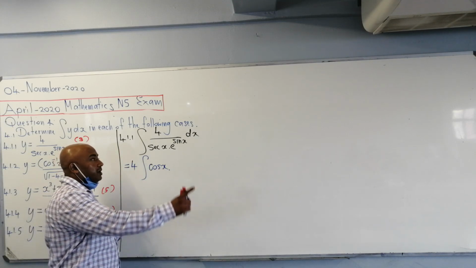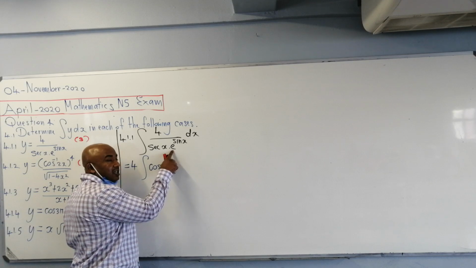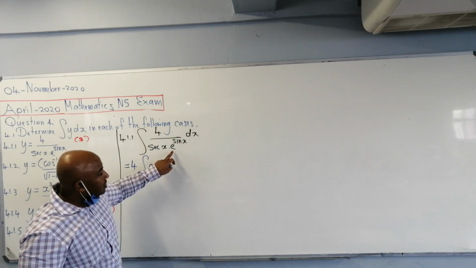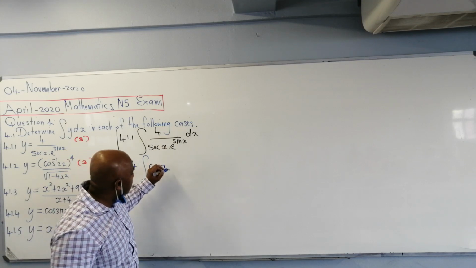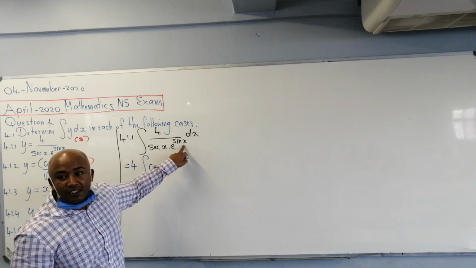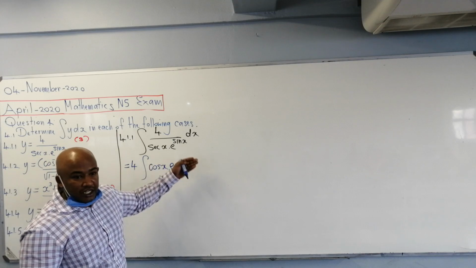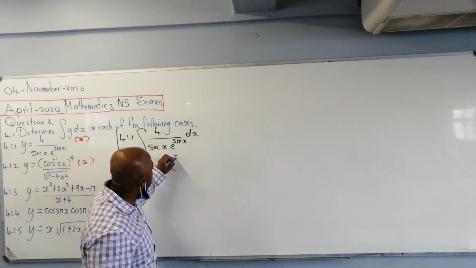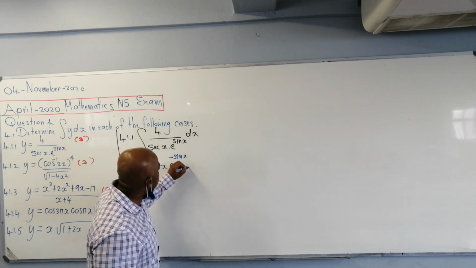Now, you must not leave e in the denominator. You need to take the base to the top, and when you take the base to the top, what happens to the sign of the exponent? It changes. If it was positive, it will change to negative. That's all.